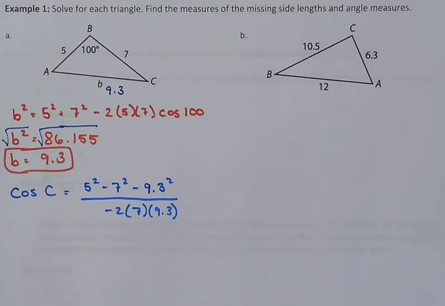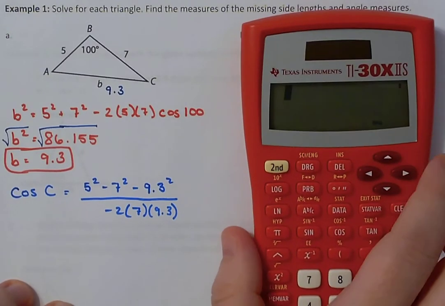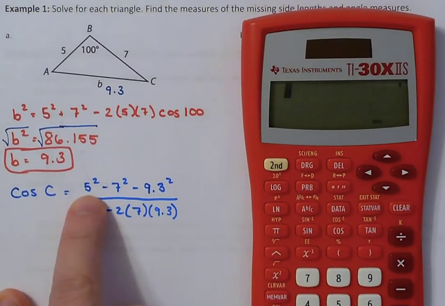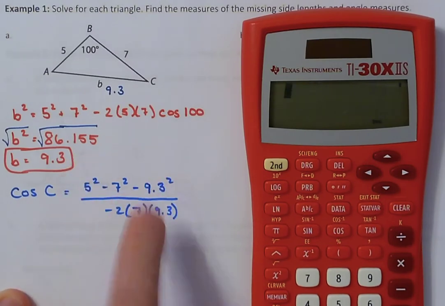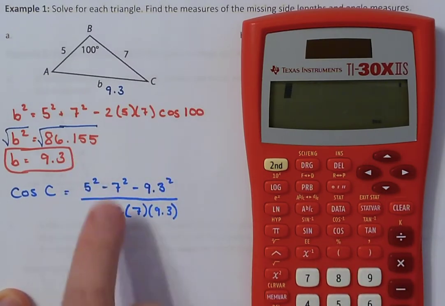So what we need to do is go through and calculate what this is. So we'll get cosine C equals something. Then, like we've always done, to figure out an angle measure, we're going to take the inverse of cosine to figure out what the measure of angle C is. So we're going to go through and calculate this fun fraction on the right. I'll put the top part in parentheses, or we can just calculate the top part and then divide by the bottom part.